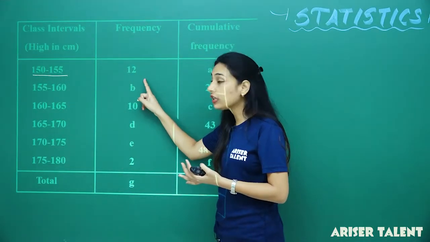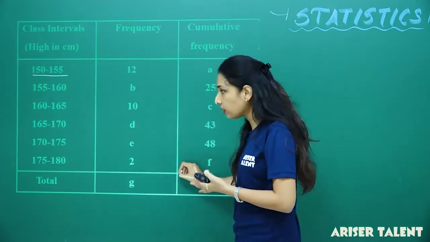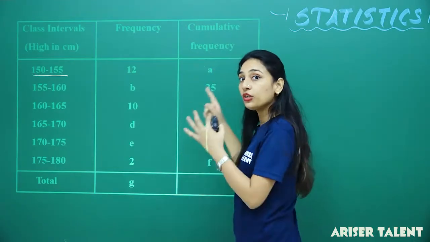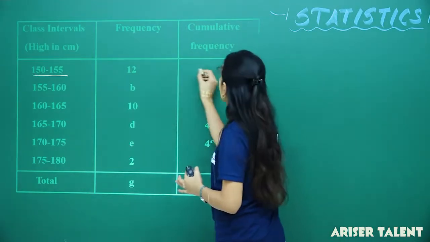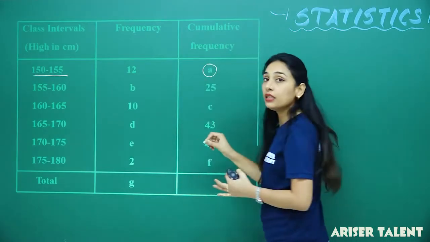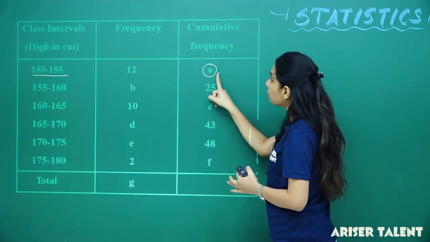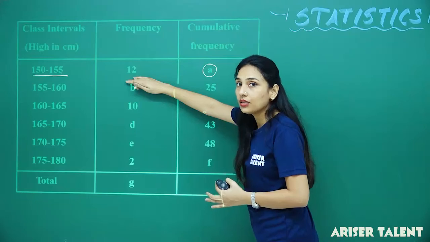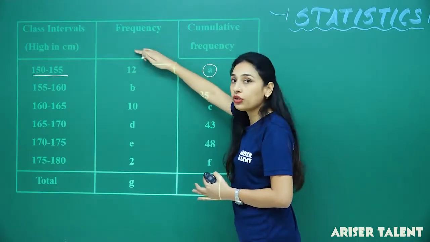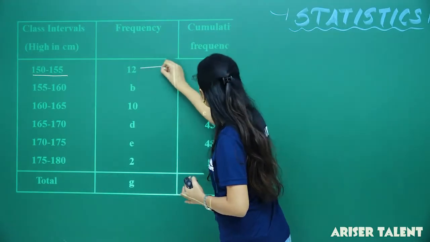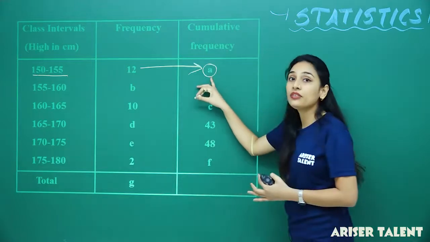Now this is about frequency. If I have to find the cumulative frequency, then for this number it is supposed to be the summation till here. Before 12 we do not have any number, of course, so we will write 12 here.